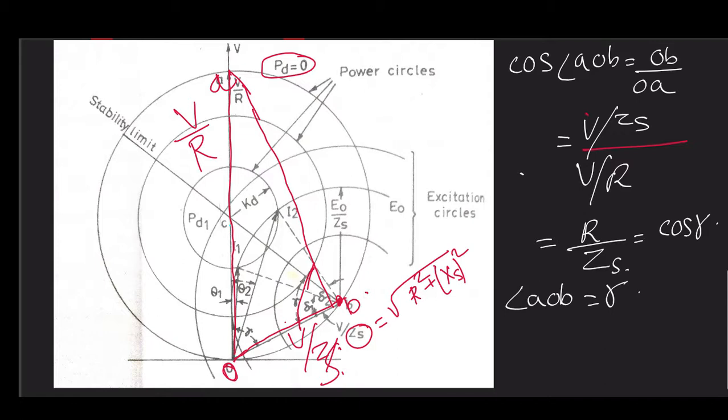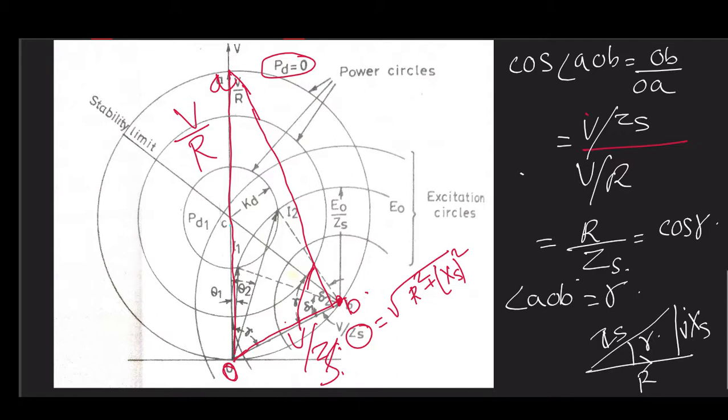See the beauty: we started trying to combine the two circles, and now we are getting something very exciting, the machine internal angle gamma. That is the angle in the impedance triangle of the machine. So this angle is gamma.